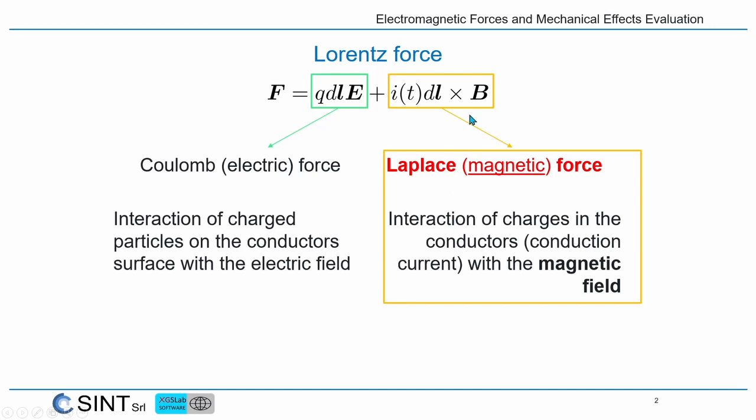Indeed, this part of Lorentz force is due to the interaction of charges in the conductors, specifically the conduction current, with the magnetic field produced by the current itself.